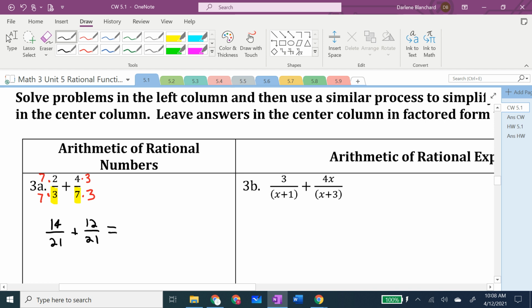Who actually do I add together? So I add the 14 and the 12. The numerators get added, but I keep the denominator as it is.